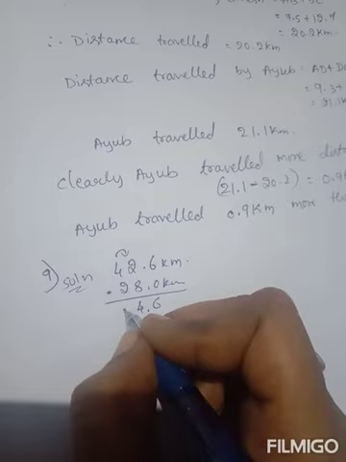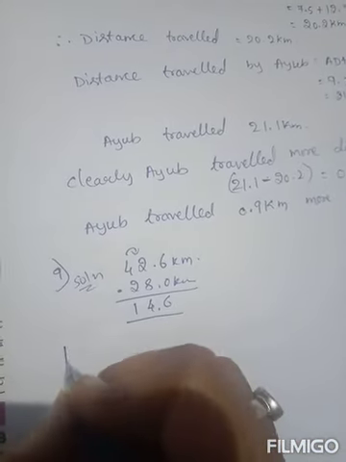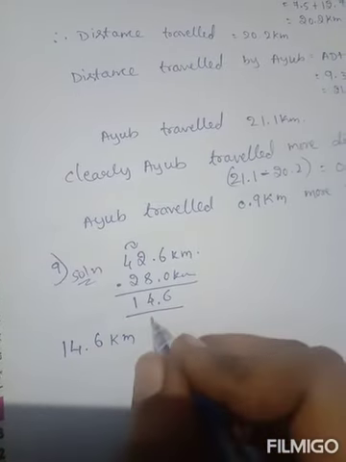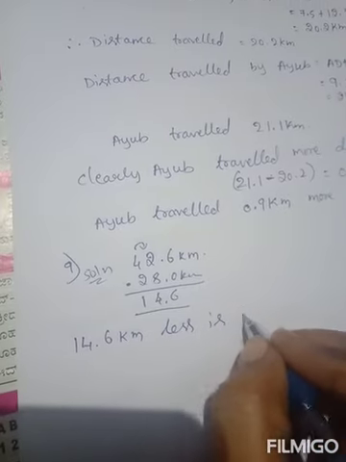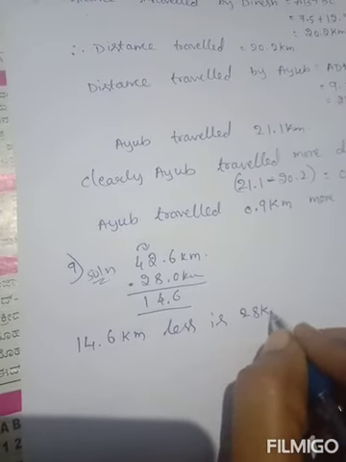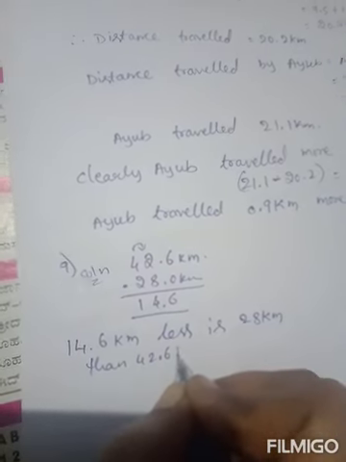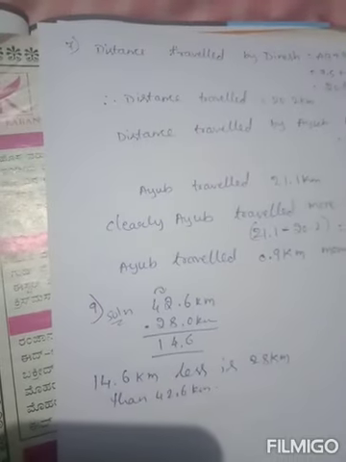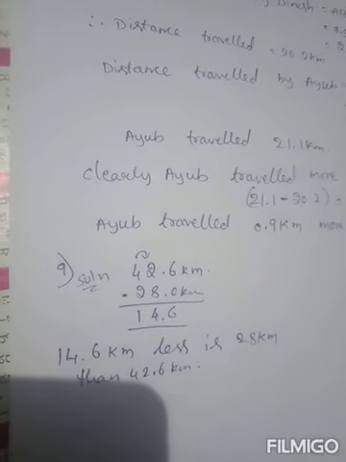Here 3 minus 2 is 1, that is 14.6. 14.6 kilometer less is 28 kilometer than 42.6 kilometer. Okay, this ends your exercise 2.5, and in my next class I will show you 2.6. Thank you.